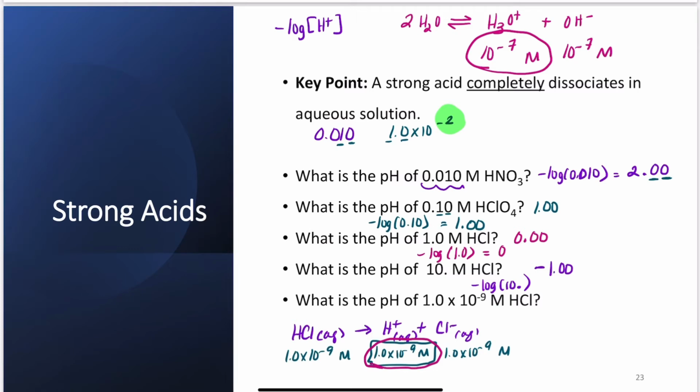It's such a weak concentration that it's going to make no difference whatsoever on the water itself. So water is actually stronger, and the H3O plus in solution due to the ionization of water is stronger. So the pH here will actually be equal to 7.00.